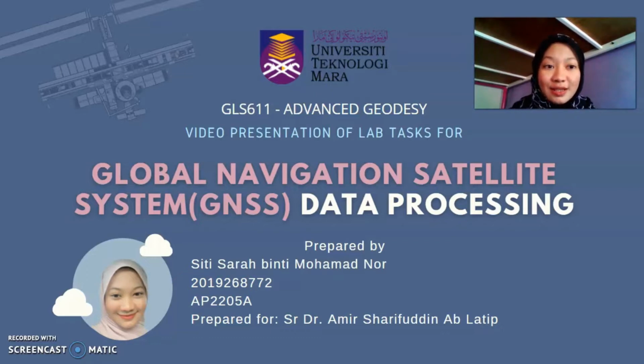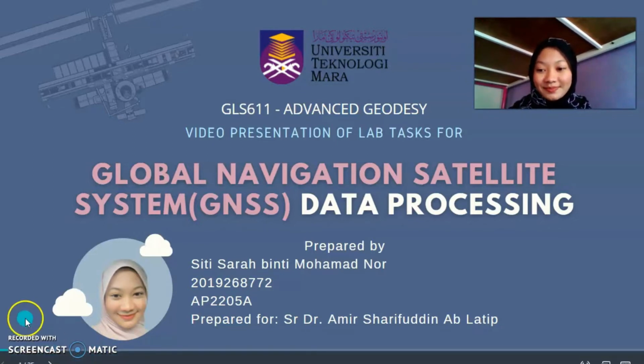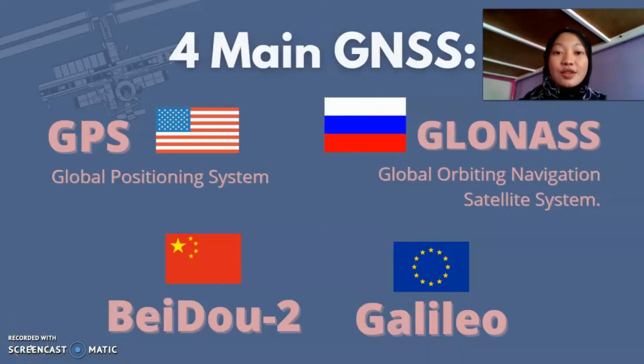So without further ado, let us start with what is Global Navigation Satellite System GNSS data processing. GNSS is basically a global system of satellites that transmit signals for navigation purposes on Earth.